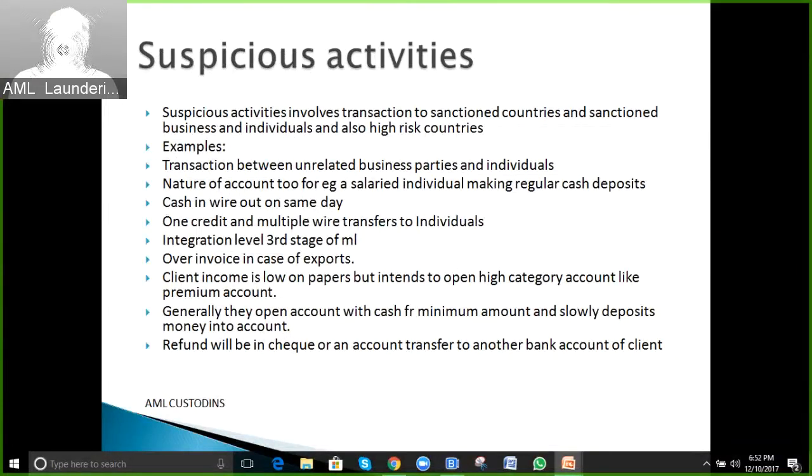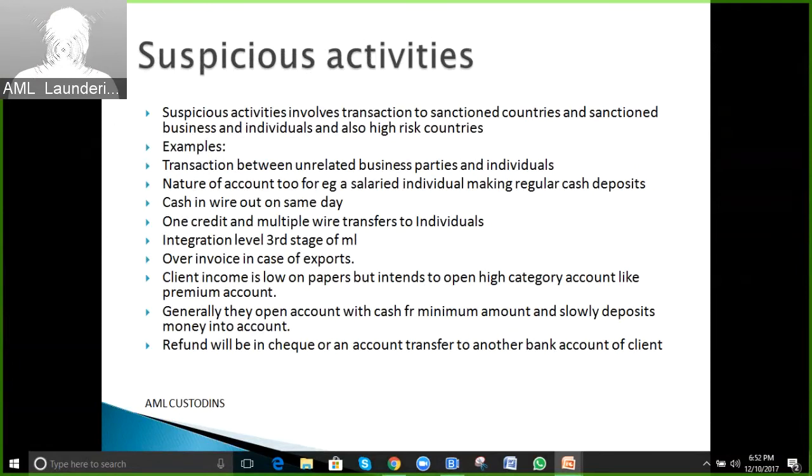These are some examples of suspicious activity, and we have already discussed them. The first examples are transactions between unrelated parties, between business parties and individuals, and the nature of the account, for example a salaried individual making regular cash deposits. Cash in, wire out on the same day, or one credit and multiple wire transfers to individuals, which is the integration level, the third stage of money laundering.